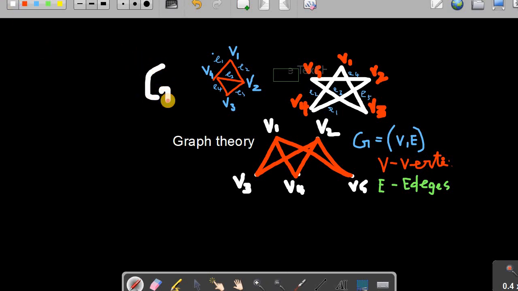Suppose this is graph 1, and this is graph 2, I can call it G2, and lastly this I can call G3. So here G1, G2, G3 are all graphs. Mathematically we denote them like this.